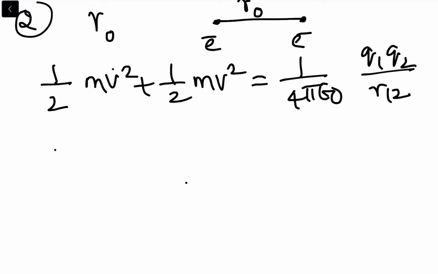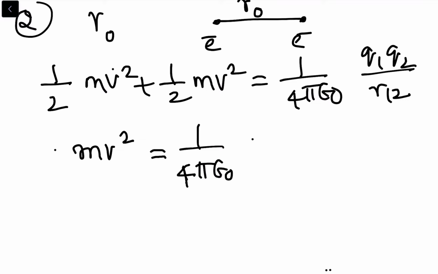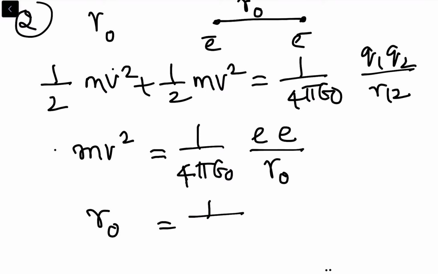Half mv square plus half mv square becomes mv square, then 1 by 4 pi epsilon naught, and q1 means charge of the electron, q2 means charge of the electron. Distance between them we thought as RO, the closest distance. Rearranging everything, we get RO is equal to 1 by 4 pi epsilon naught E square by mv square.